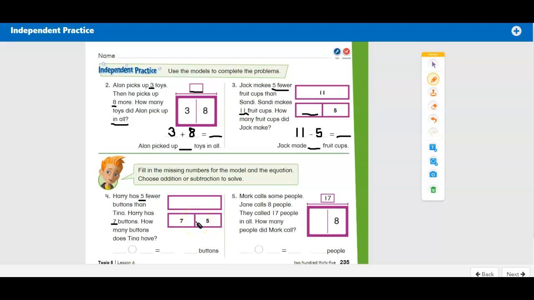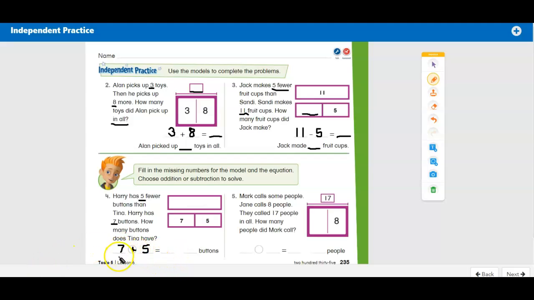We want to know how many buttons does Tina have in all. So we need to add the 7 buttons and 5 fewer buttons. So we need to add together 7 plus 5.